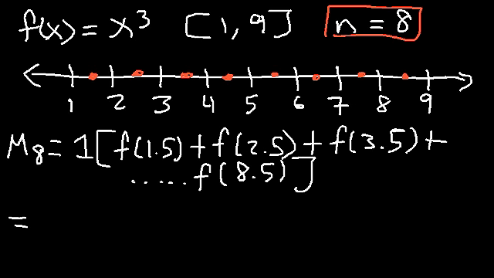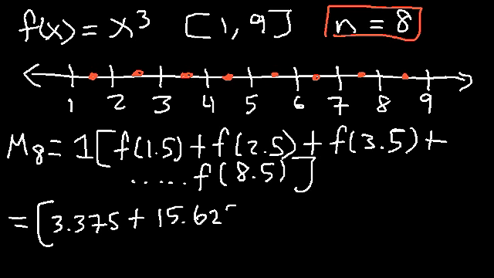So 1.5 to the third power is equal to 3.375. 2.5 to the third power is 15.625. And then 3.5 to the third power, that's 42.875.